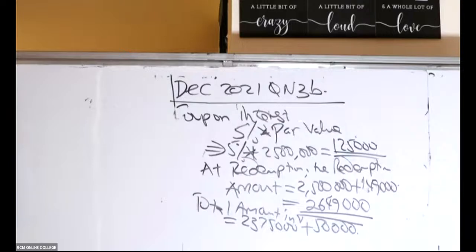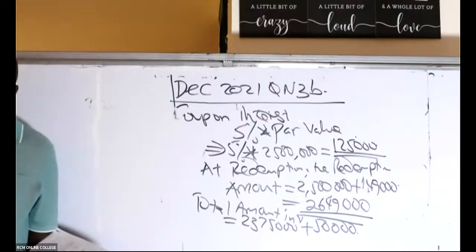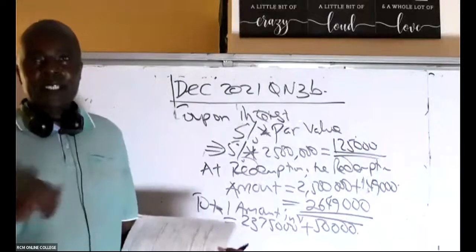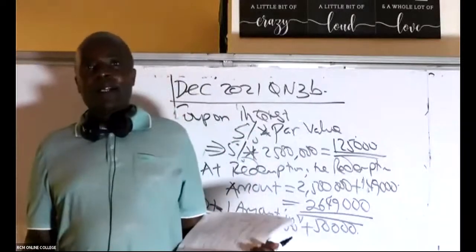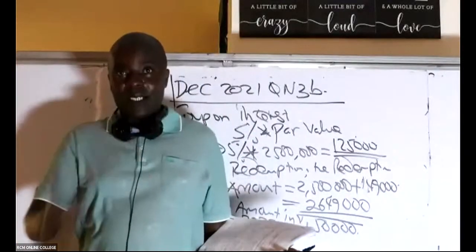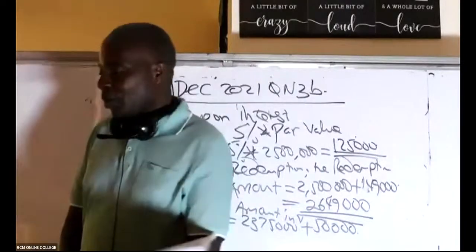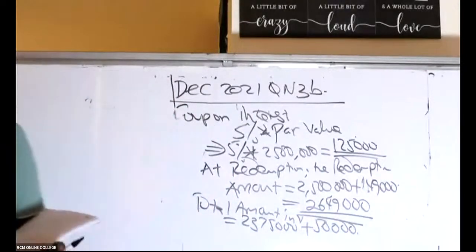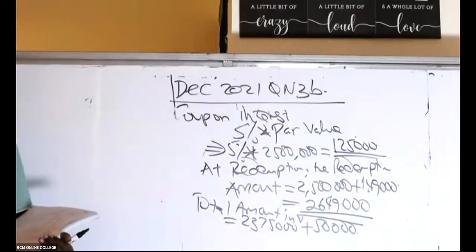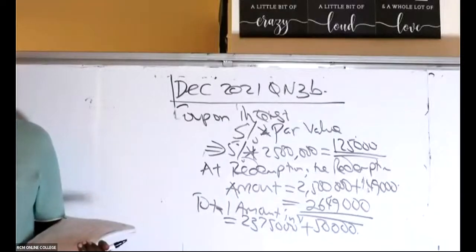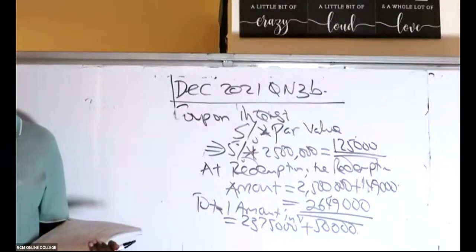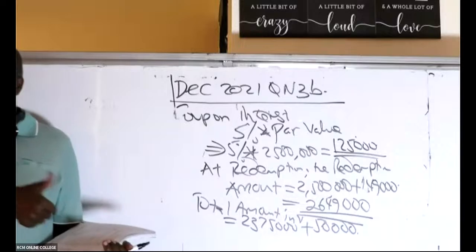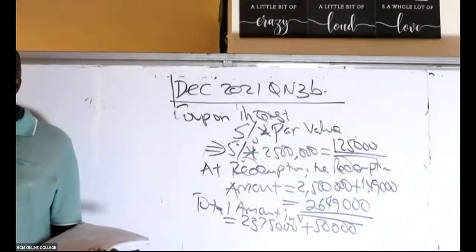All right, there is somebody asking for the question. That is my brother Ken. Has somebody been able to send the question in the group? Please just send the question. Great sisters, they send the question very fast in the group. I want everybody to be comfortable. Once you get the question, please put your thumbs up. December 2021, question number 3B.